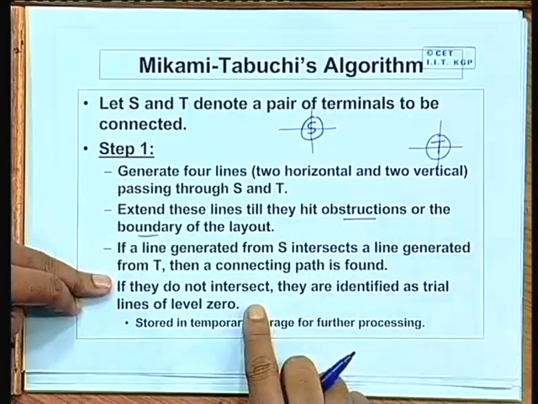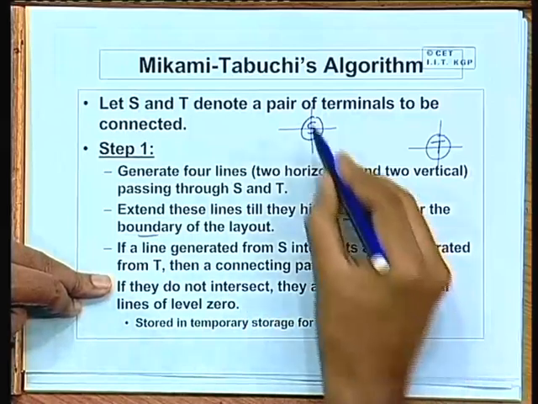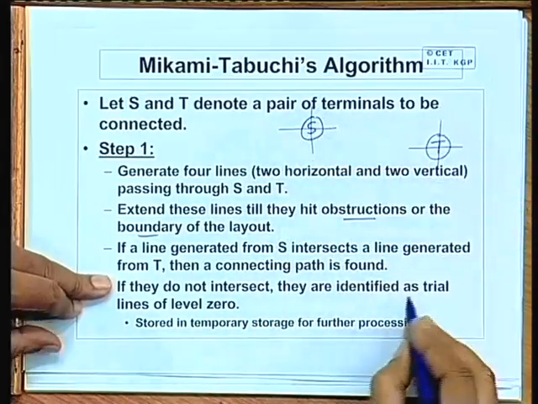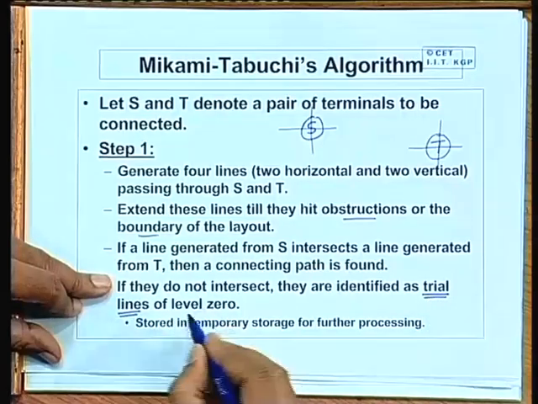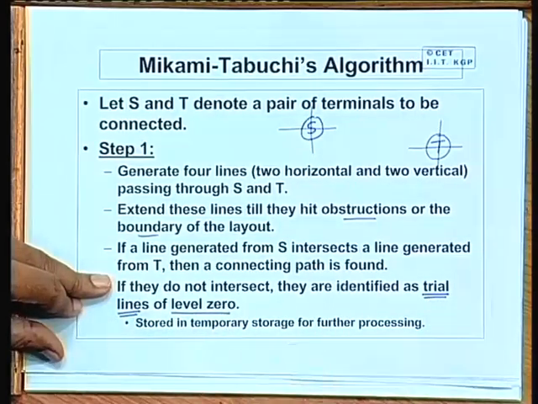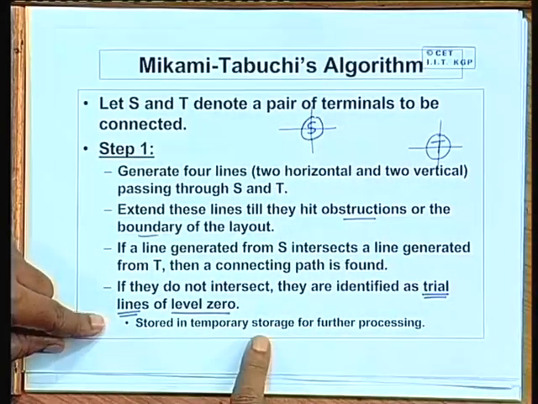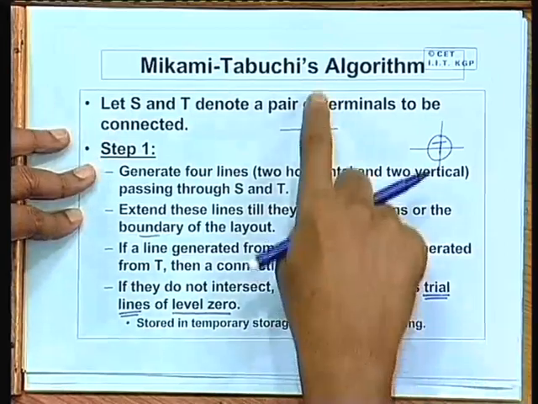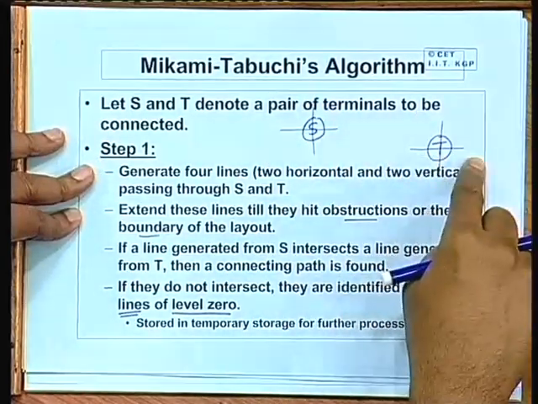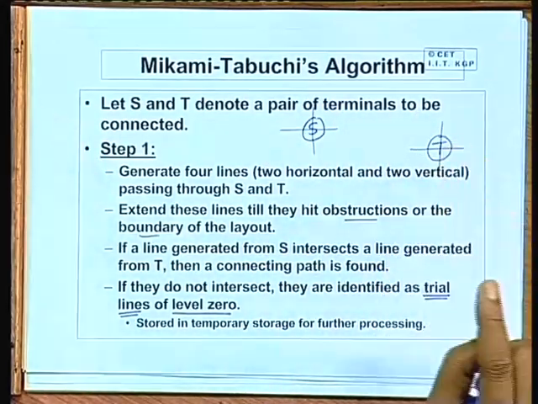But if not, these set of lines we have started with are identified as trial lines. Initially they are of level 0, then there will be level 1, 2, 3 and so on. Now the trial lines we keep in some kind of a list or a queue for further processing. This is the data structure we are maintaining. We are keeping information about these lines, right.